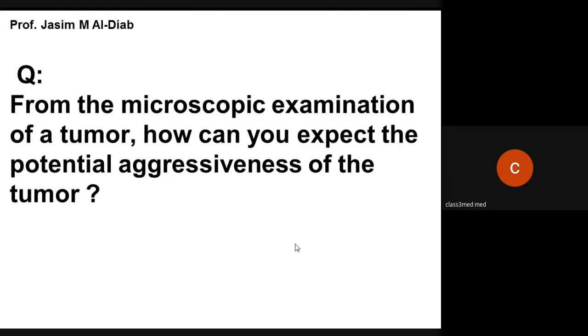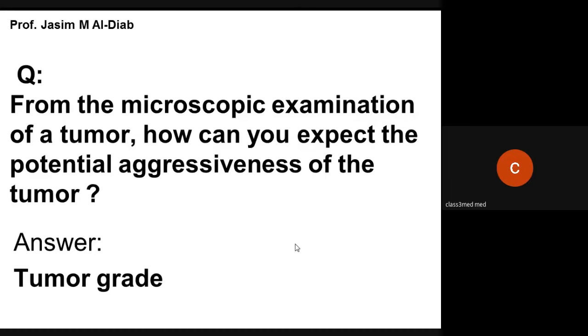According to the cell differentiation, you will determine what? The grade of the tumor. So by determining the tumor grade, you will expect the degree of aggressiveness, the potential aggressiveness of the tumor.